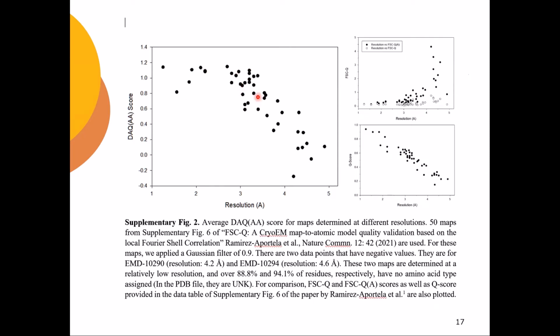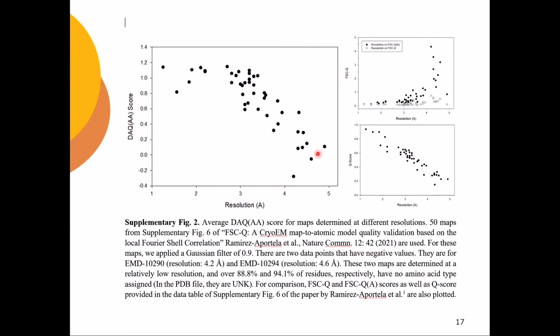But when the model is from a lower resolution EM map, the average DAQ score starts to go down, and at around 5 angstrom on average the score is around 0.